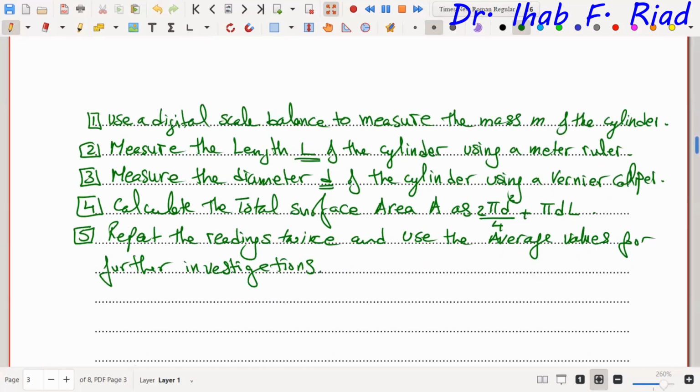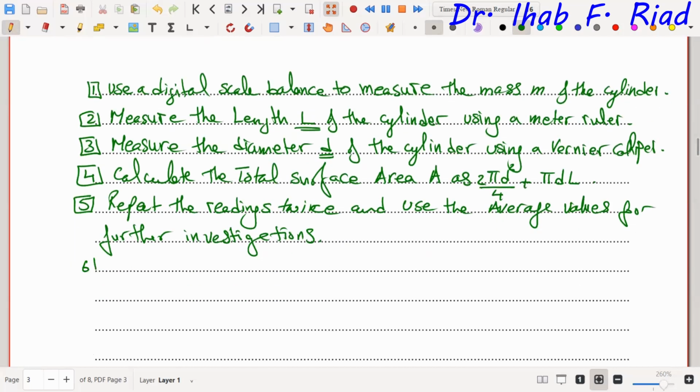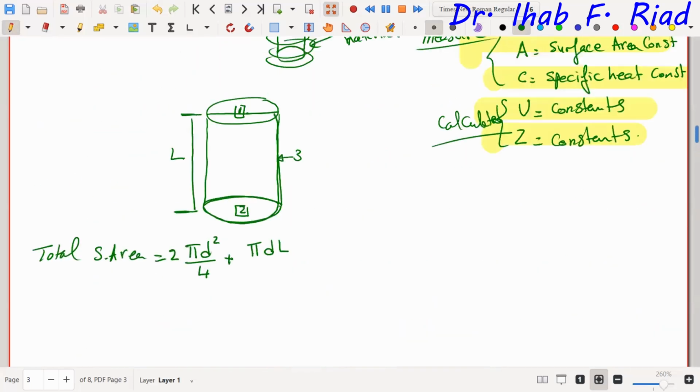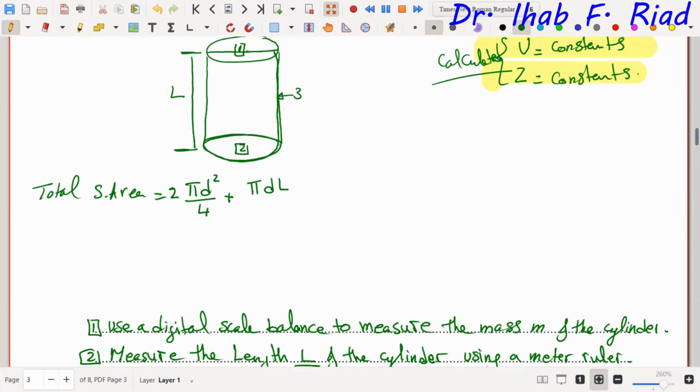Okay? Now we come to the heat capacity part. Do you know how to measure the heat capacity of an object? Have you done it in your thermodynamics part? M C delta T, right?